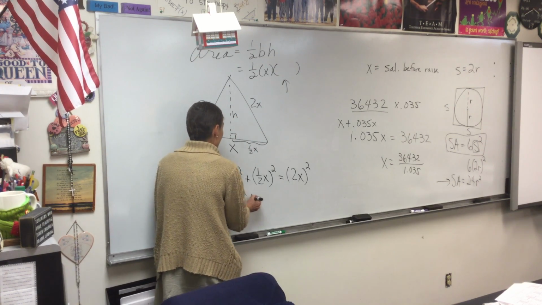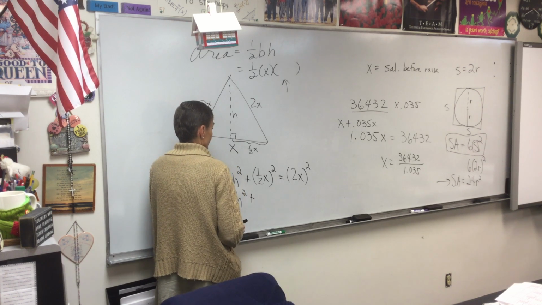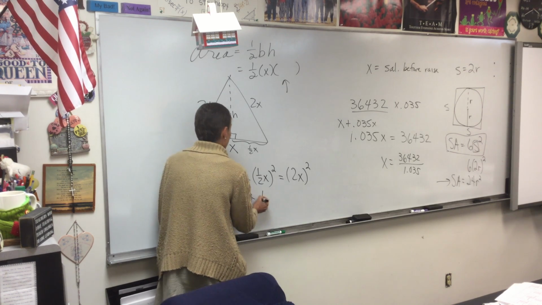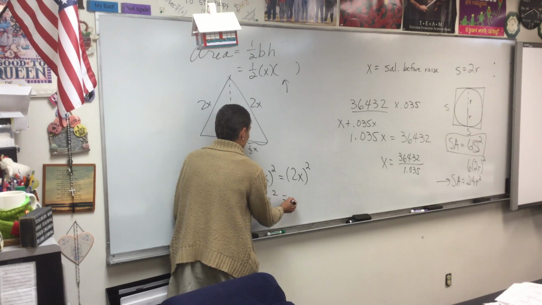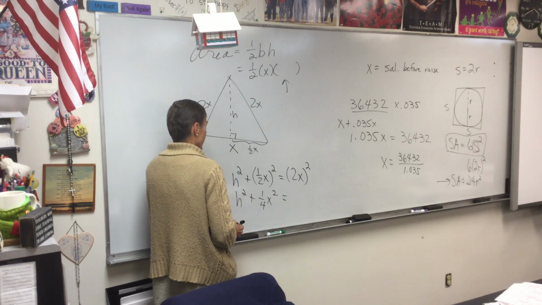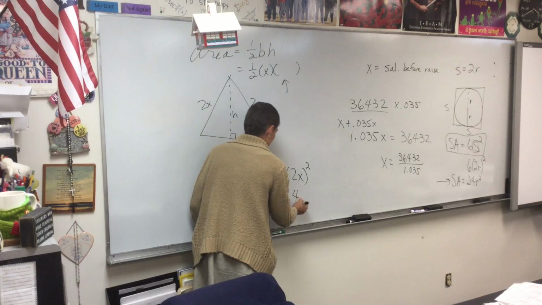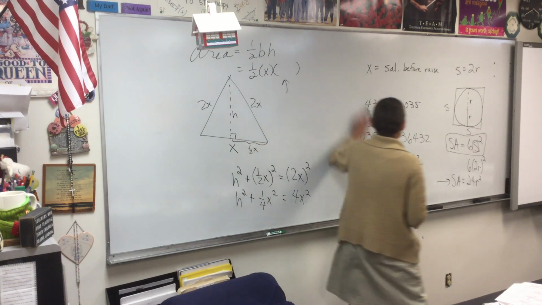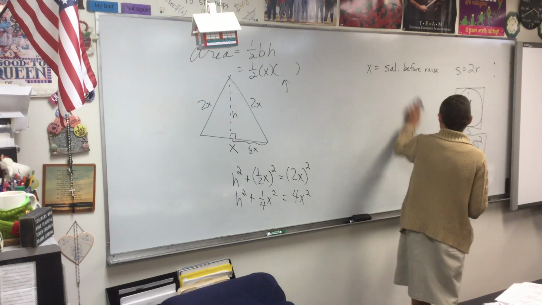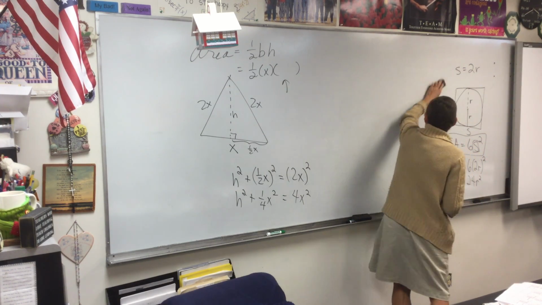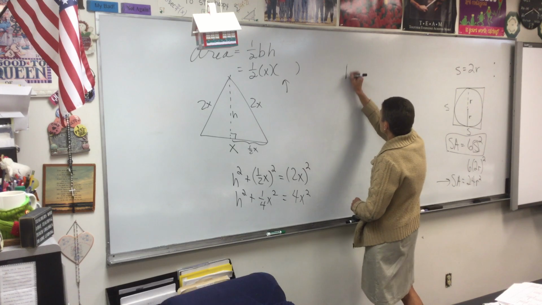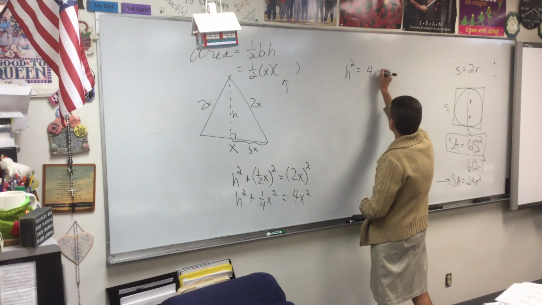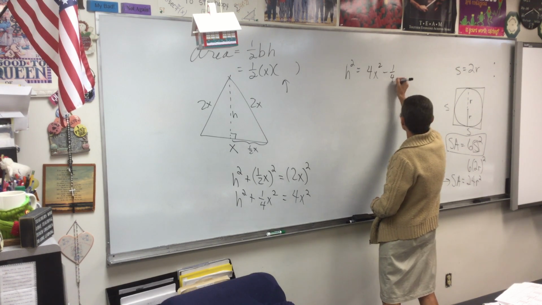What is half x squared? 1/4 x squared. What's 2x squared? 4x squared. Now I'll get h by itself. So h squared equals 4x squared minus 1/4 x squared.